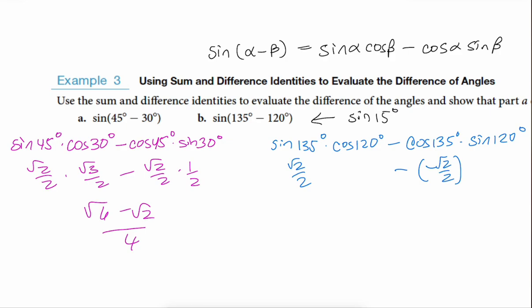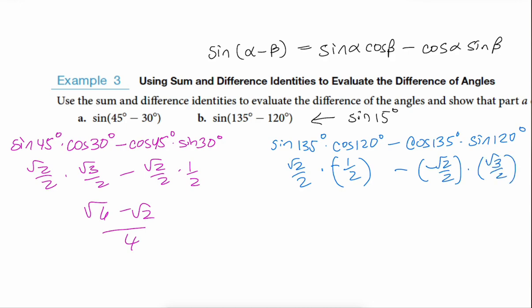The cosine of 120. 120 is the 60 in the second quadrant. I got to think about it. The cosine is going to be negative 1/2. And then here, the sine is going to be positive square root of 3 over 2. Okay, there we go. We got it.